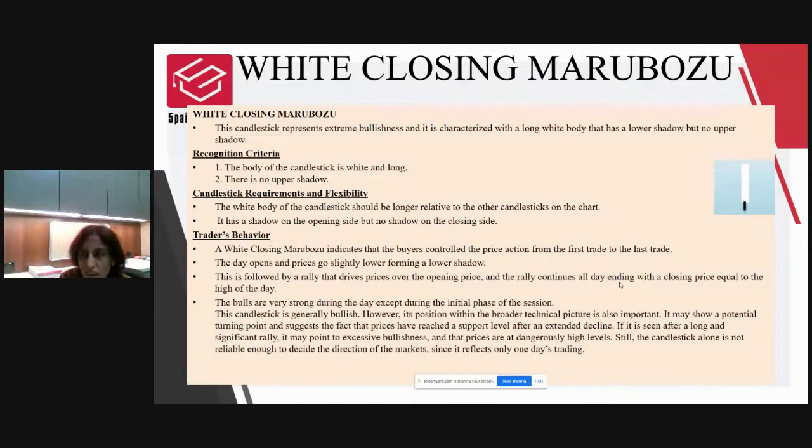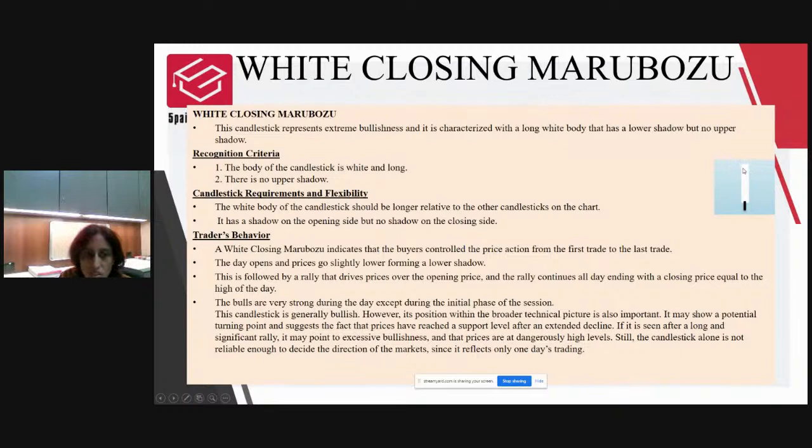This is followed by a rally that drives prices over the opening price, and the rally continues all day, ending with a closing price equal to the high of the day.